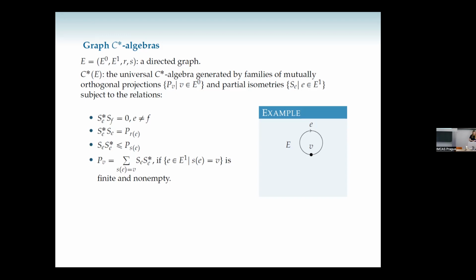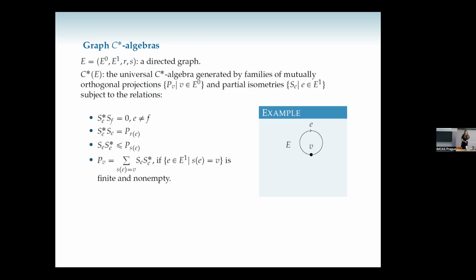And then we define the graph C*-algebra of the directed graph as the universal C*-algebra generated by a family of mutually orthogonal projections, meaning that if you take P_V times P_W and W and V are not the same, then you get 0. And also a set of partial isometries, indexed by the edges, with the projections indexed by the vertices. And then they have to satisfy some relations.